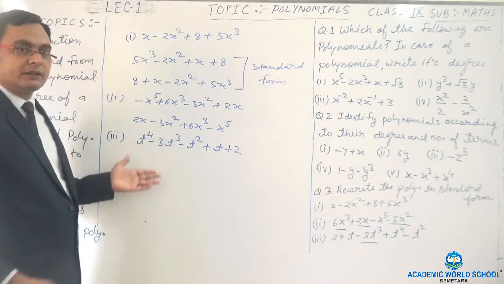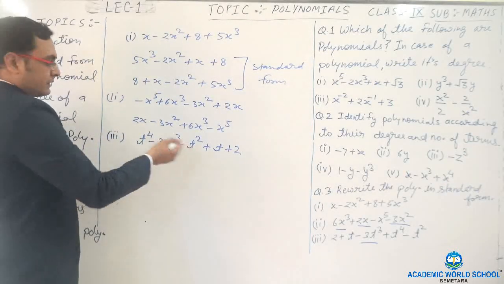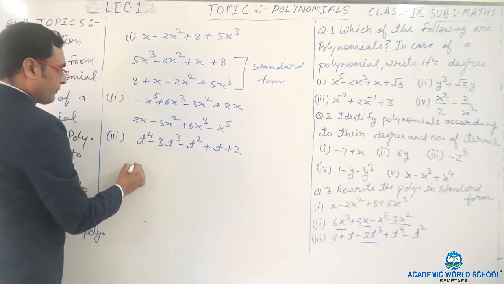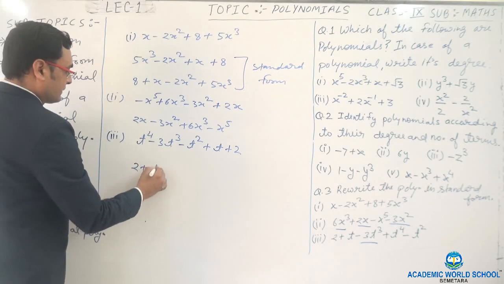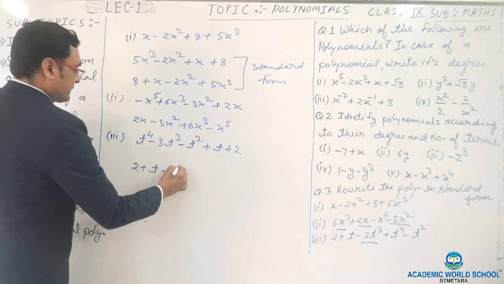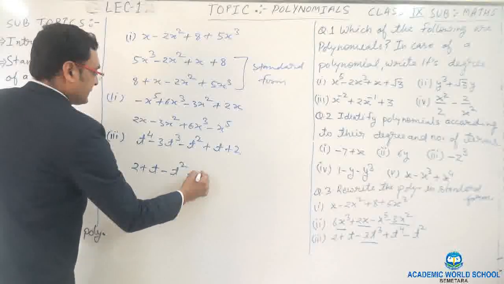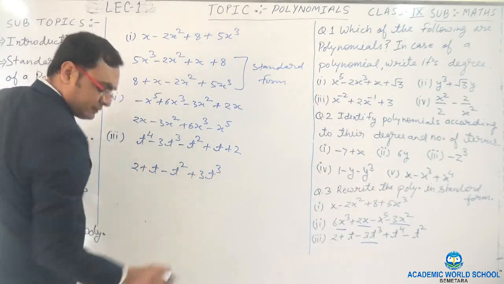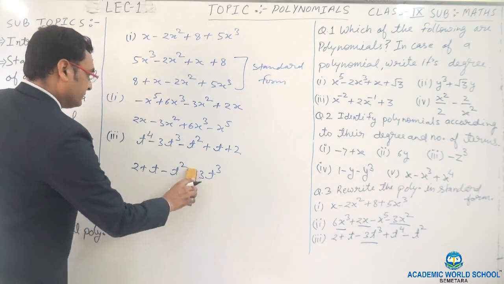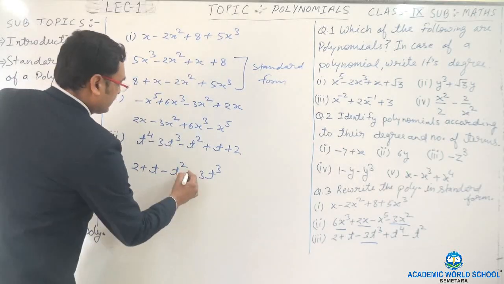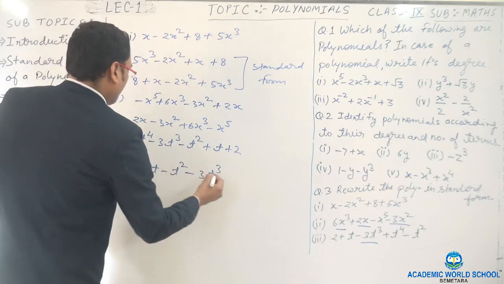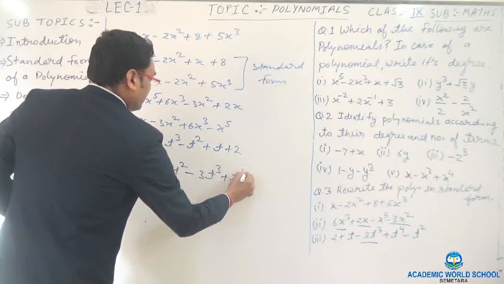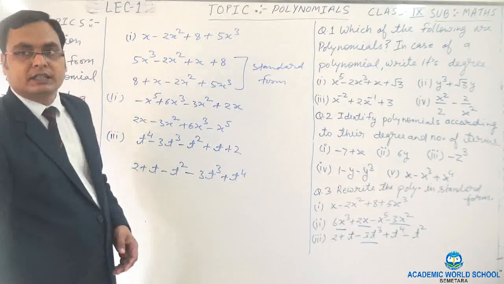This is in standard form. We can write its reverse order also. 2 plus t minus t square minus 3t to the power 3 plus t to the power 4. These both are in standard form.